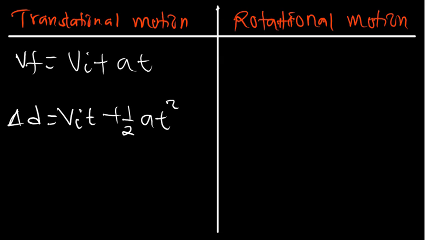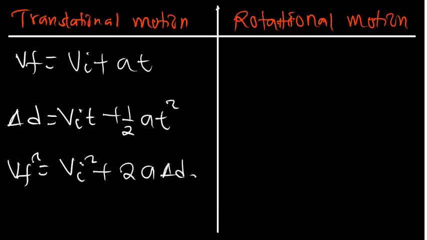Another one which we know is v final squared is equal to v initial squared plus 2a times change in displacement. These three formulas are the ones which we use in linear motion or translational motion.